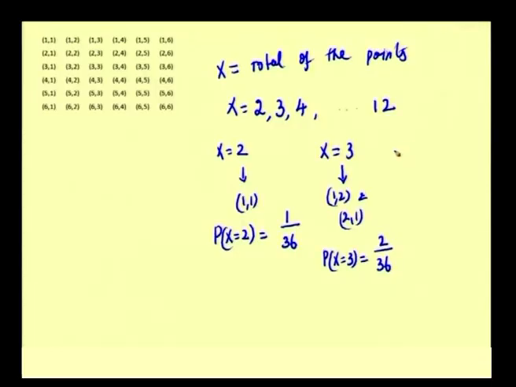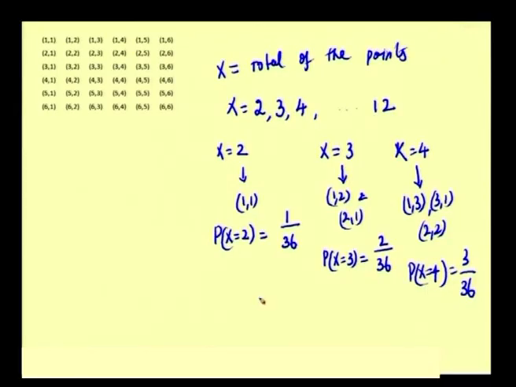Similarly, when you go for x equal to 4, x equal to 4 is arrived with 3 possibilities: (1,3), (3,1), (2,2). So, correspondingly P of x equal to 4 is 3 divided by 36. Likewise, we can find out for x equal to 5, 6, 7, 8, 9, 10, 11 and 12.